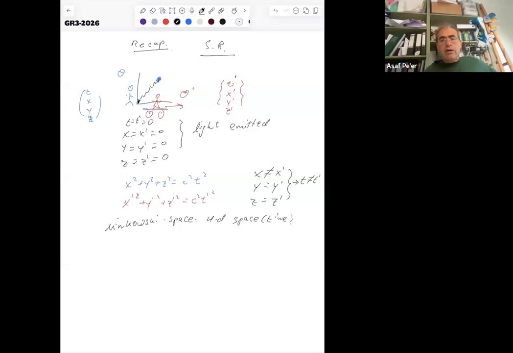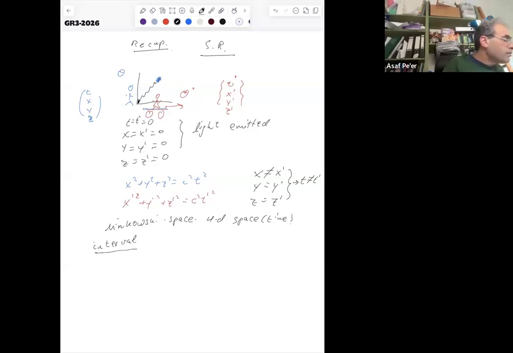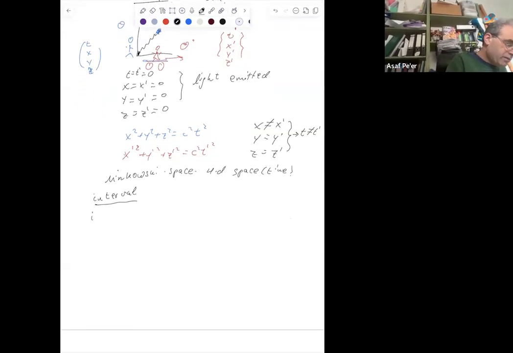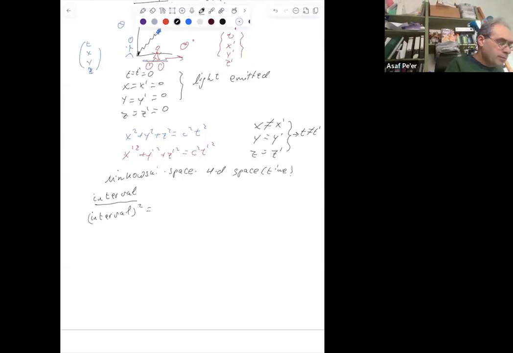Both, though, agree on a quantity which is known as an interval, denoted normally by delta s squared.